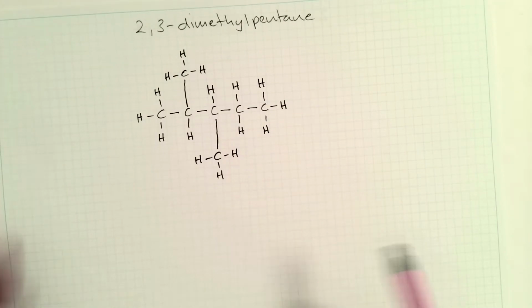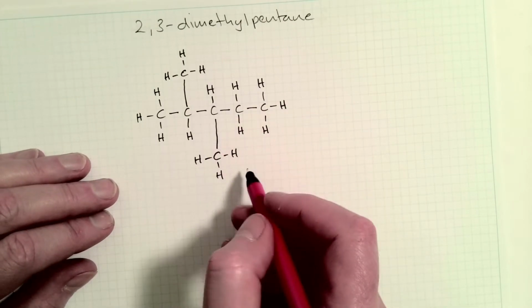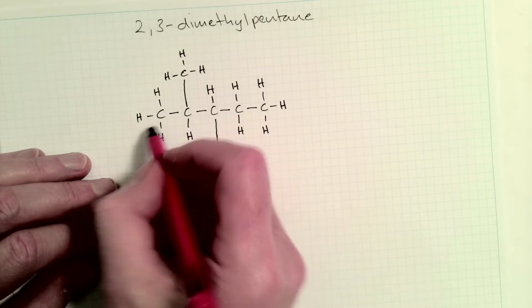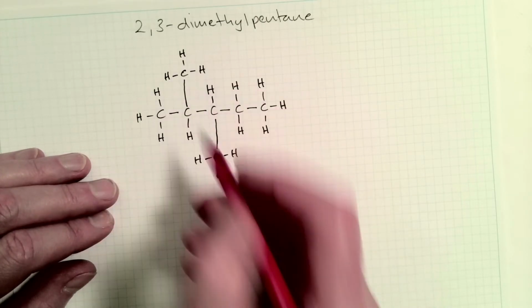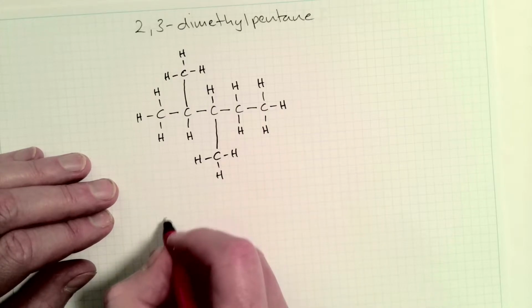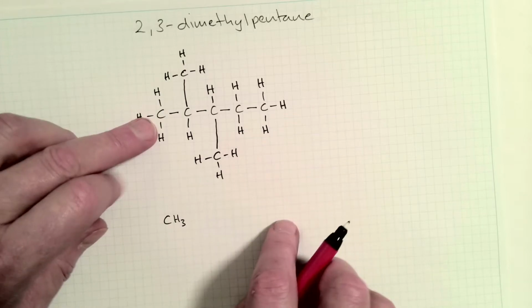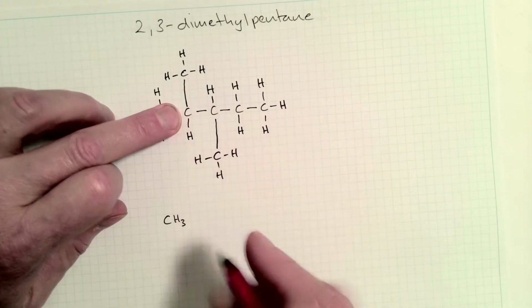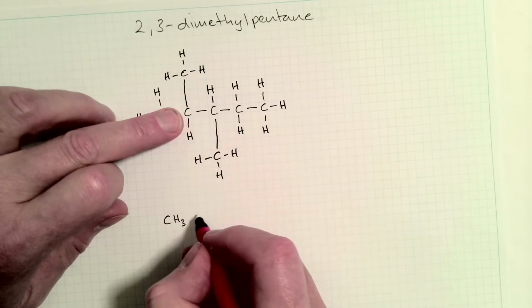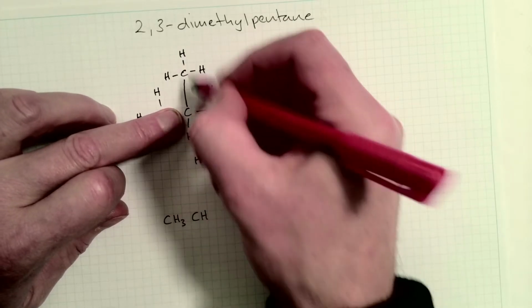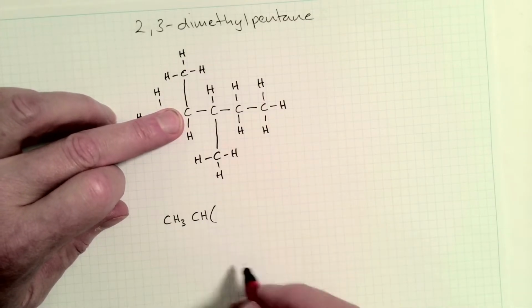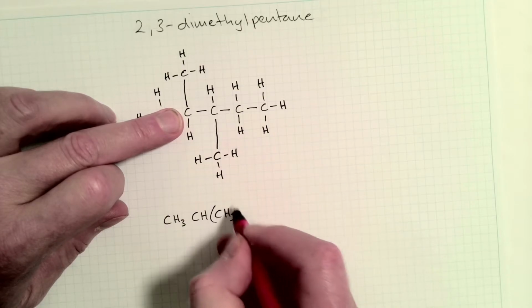Now, the shortened structural formula, we can just do it. We do each carbon separately, and then the branches go in brackets. So I have CH3 for carbon number 1. This is CH just. You see, there's only one H attached to that, CH. And then I have a side branch, which goes in brackets, CH3.